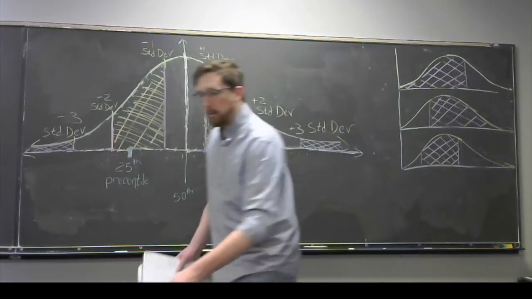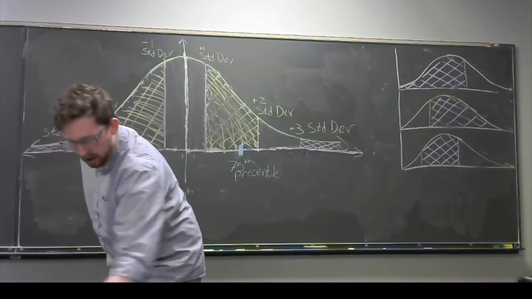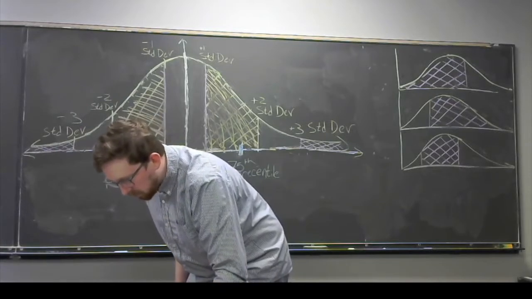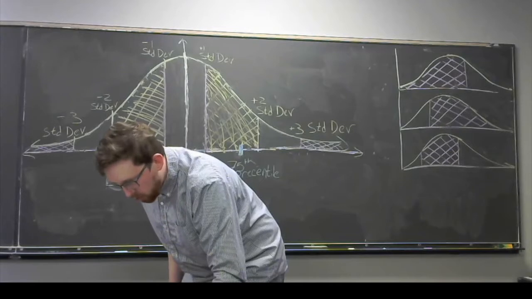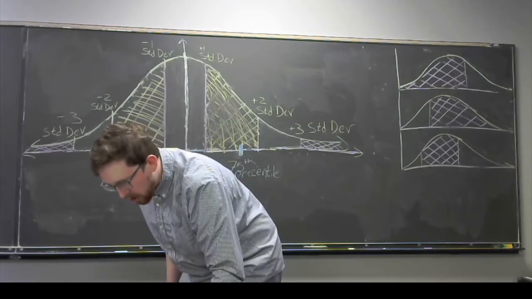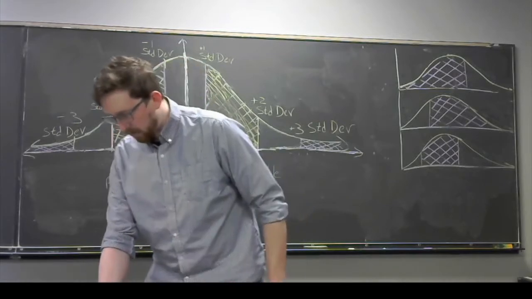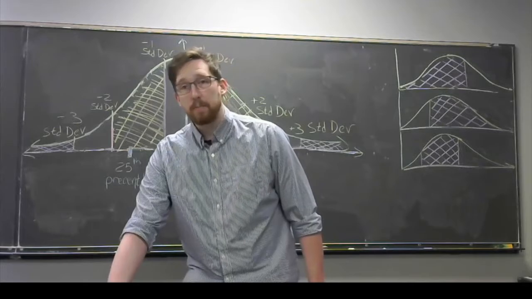To give you an example, let's say something with a z-score of 0.25. It will be in the 59.87th percentile.